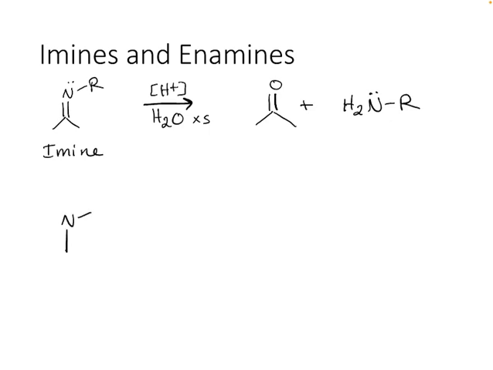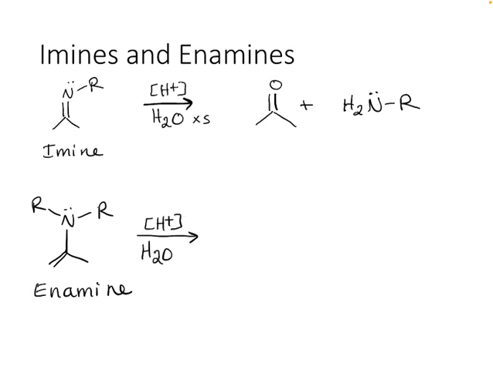If you have an enamine and you want to go back to the ketone or aldehyde, depending on what you were using, again, just add catalytic acid and excess water, and you'll get back your ketone and this time your secondary amine.